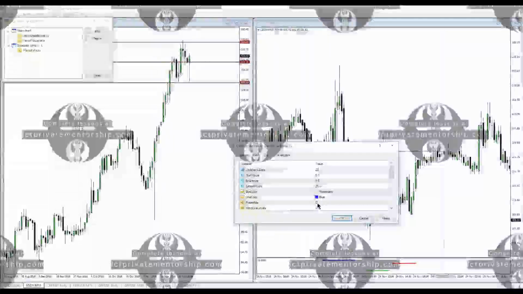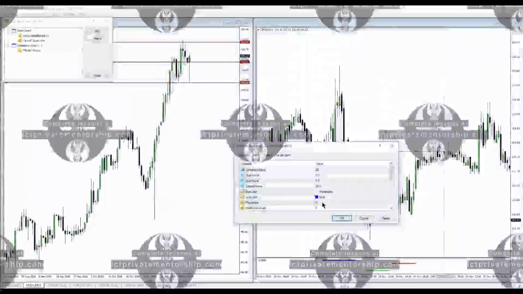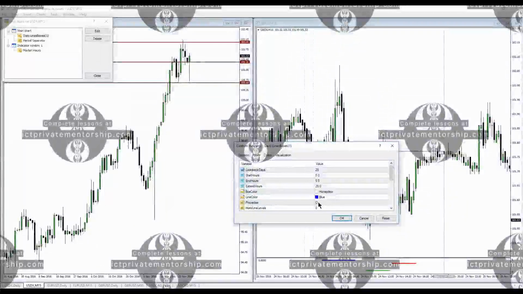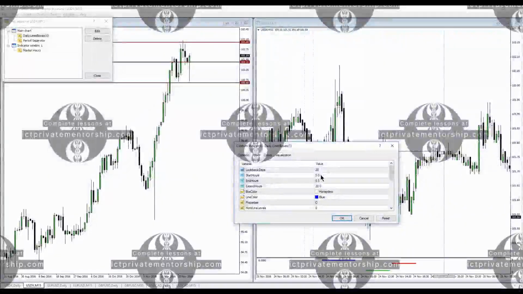And down here where it says properties, when you download this indicator, it's going to give you something like F, Z, whatever. You want to delete all that and just put in the capital letter O. What that's going to show you is the opening price only, with a blue line that begins at 5 GMT and extends out to 20. That's what these numbers tell you.